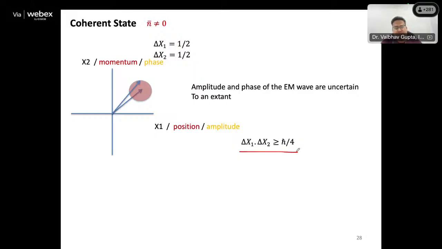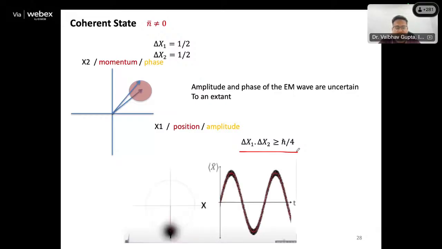I have given you multiple different examples of why there is this uncertainty in different quadratures. And I told you that if this is a wave, the red color is the mean value, and whatever you see with the black dotted lines, these are the uncertainties.